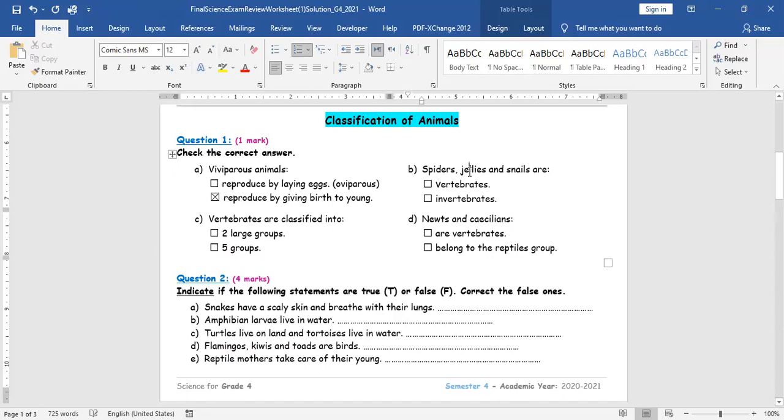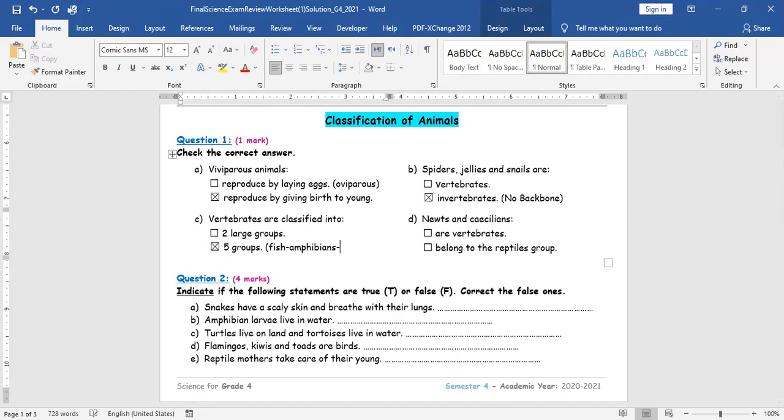Spiders, jellies, and snails are examples of invertebrates since they do not have a backbone. Vertebrates are classified into 5 groups. What are the 5 groups of vertebrates?